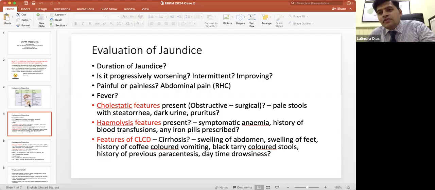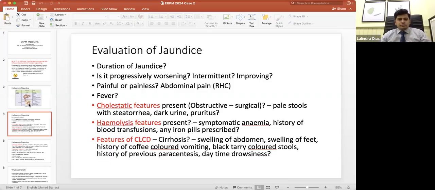Then also you need to ask whether fever is present or not. The people with acute hepatitis will invariably have fever, most of the cases, not all. Particularly the infectious causes like viral hepatitis, leptospirosis, they will have fever along with jaundice. So fever is more in favor of acute hepatitis due to an infectious process.